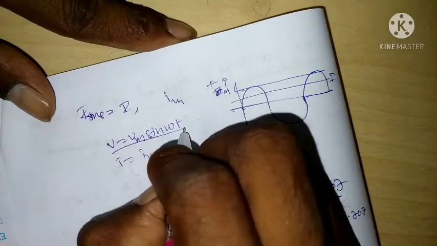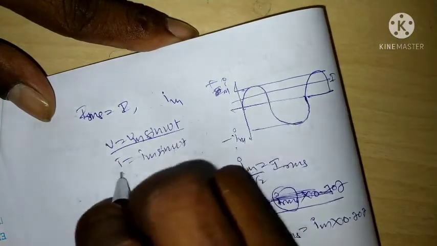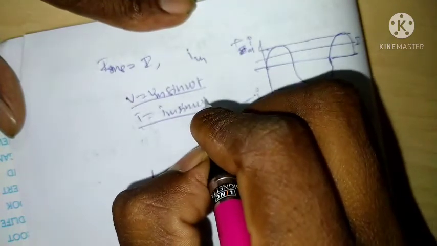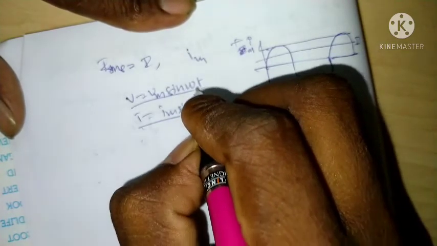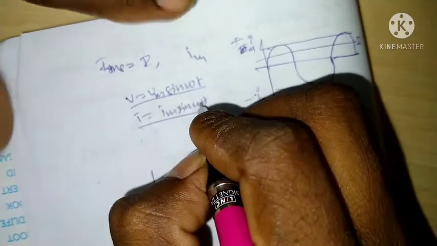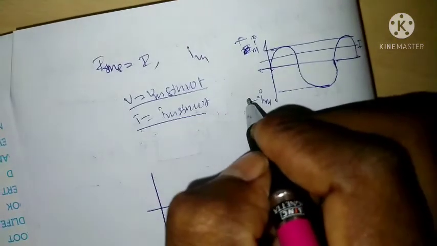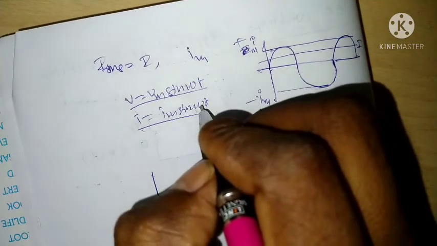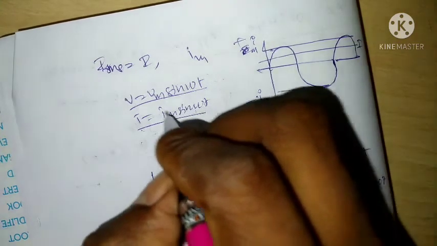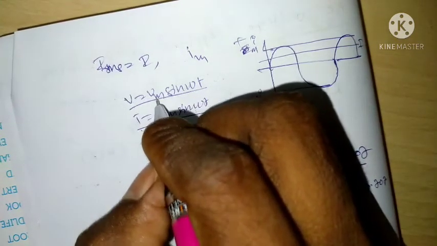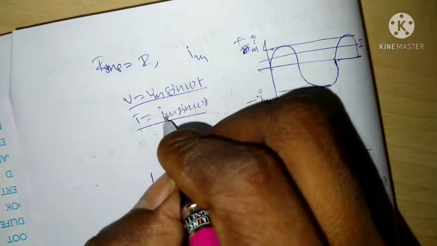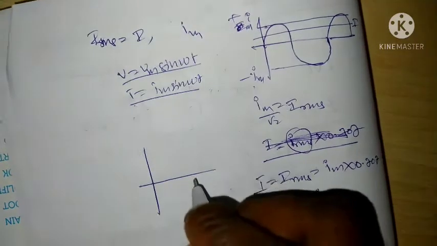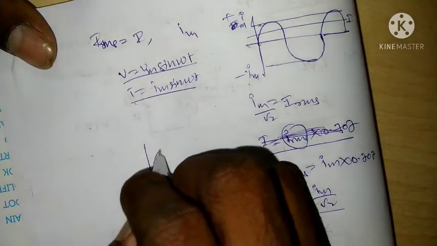The AC voltage and AC current are in the same phase, so the phase difference between current and voltage is 0, but the amplitude is different. The amplitude of the voltage is higher than the current. Okay, we can show the phasor with respect to time. This is the voltage graph.